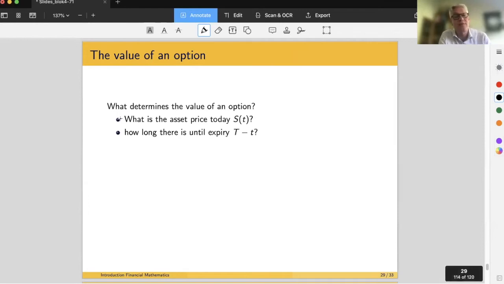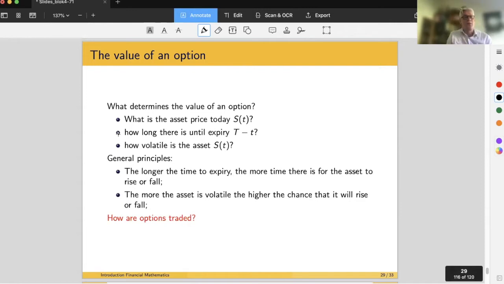Also, the time to expiry, capital T minus little t, plays a role because with a long time to expiration, the stock can go up or down much more than with a short time to expiration. And the last aspect is how volatile the asset is. So how much unexpected swings can we have in a specific period of time?